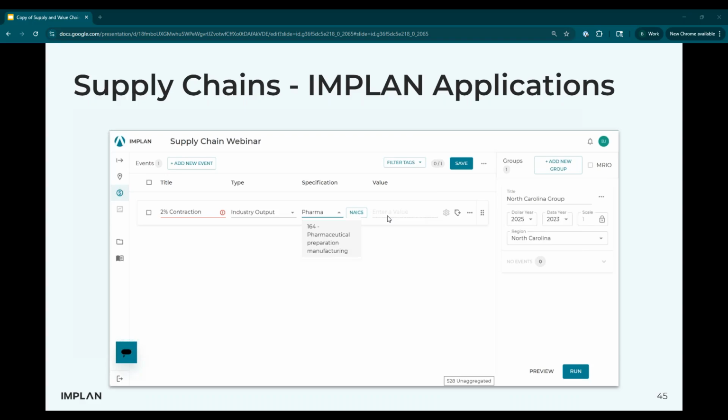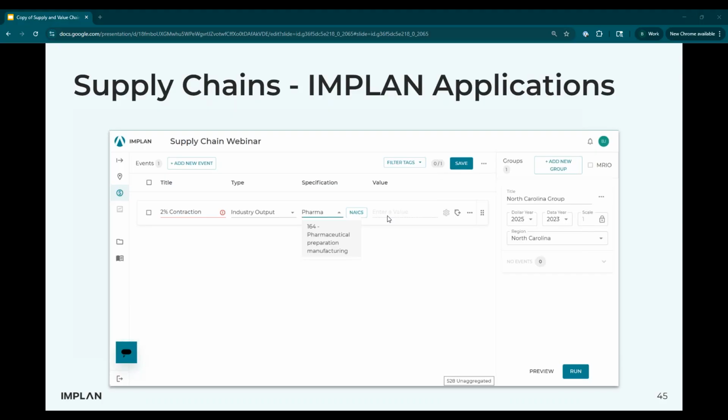And where did you get that 2%? So that's where you had to bring something in from outside the model, right? So the question is what is the effect of a tariff? How is that going to affect your overall production? And so the initial shock, that first step, has to come from outside of the IMPLAN model.